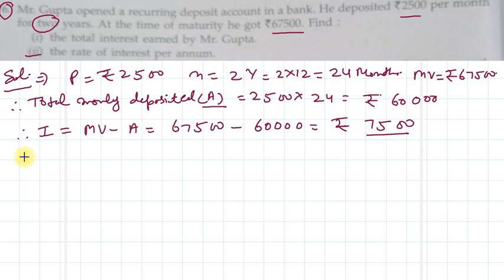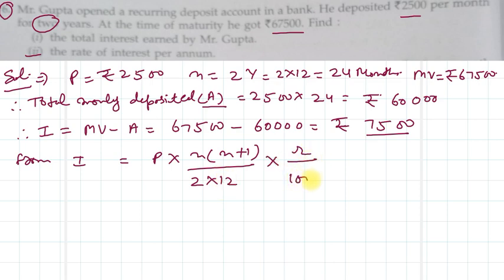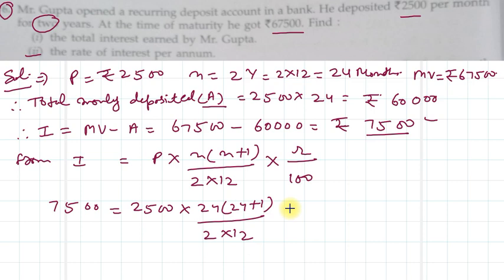So from I equal to P into N plus 1 upon 2 into 12 into R upon 100. Interest we have found out, 7500 equal to P is what? 2500. N is 24. 24 plus 1, 2 into 12 into R we have to find out.